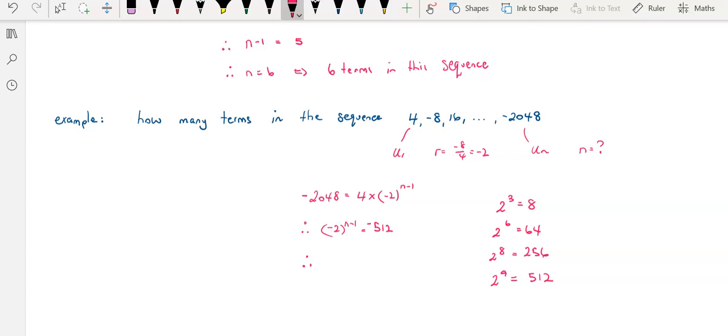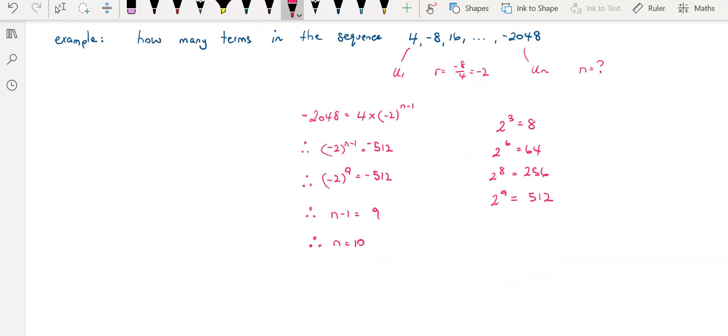So 2 to the power of 9 gives me 512, and I know that negative 2 to the power of 9 is going to give me negative 512. So therefore n minus 1 must equal 9, so n is equal to 10. So how many terms in the sequence? Therefore there are 10 terms.